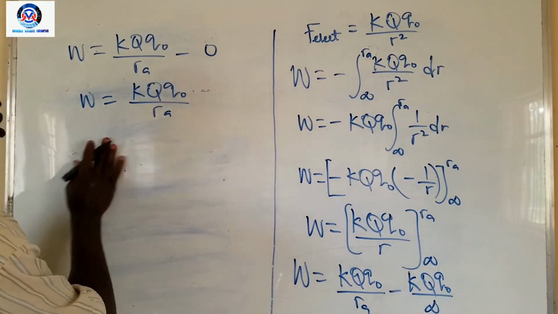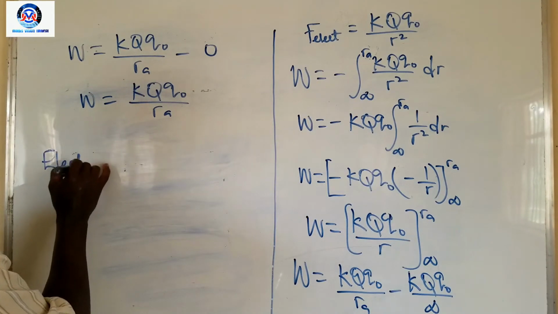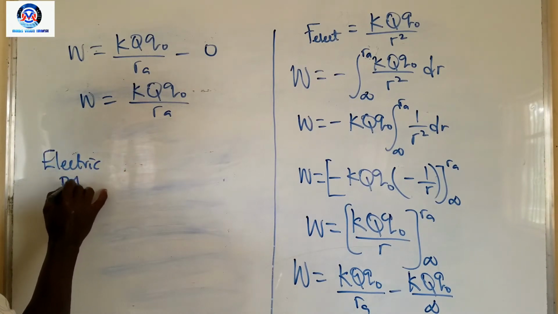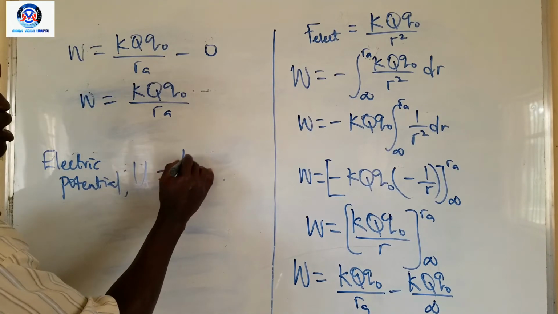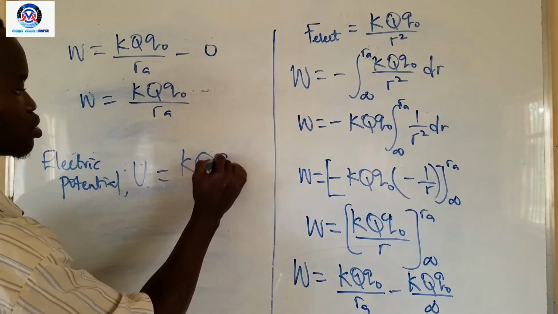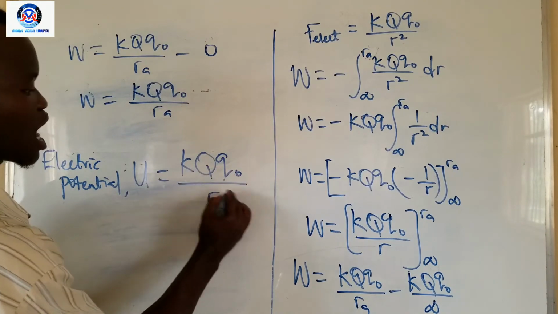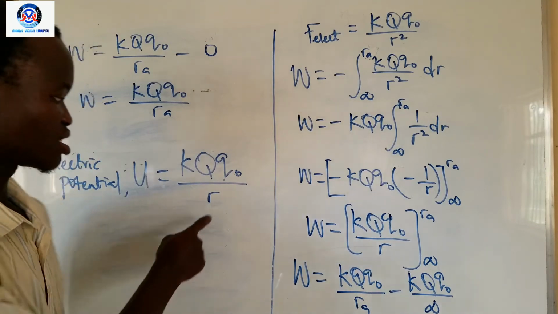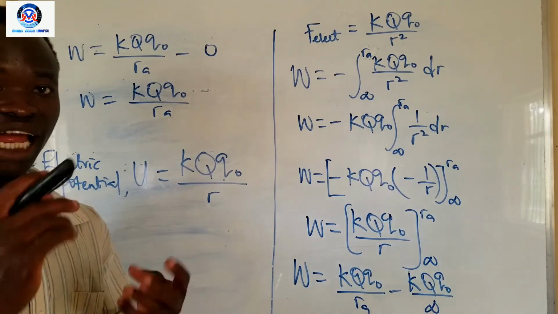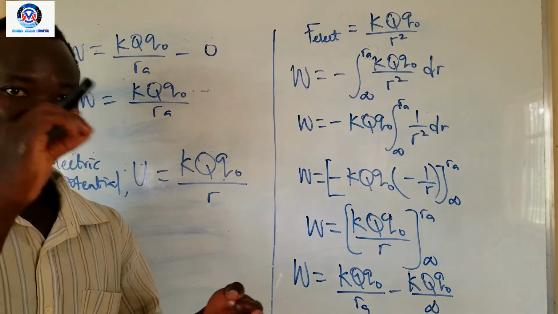So finally, the electric potential energy, which we call U, is simply K Q naught over R. You can just write it as R instead of writing RA. RA is the same thing as R, it's just that RA is telling us about a specific point.